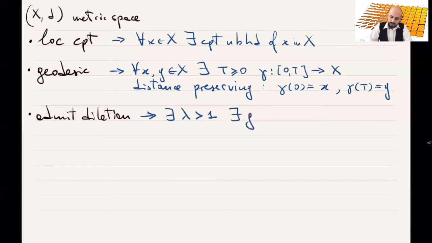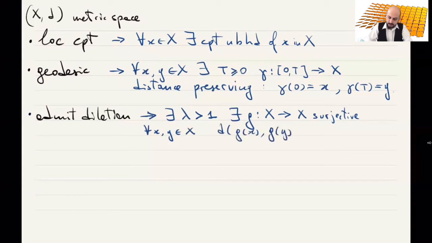And a dilation is a map g from X into X that is surjective and has the property that for all x and y in X, the distance of the image points by g is exactly lambda times the distance of x and y.